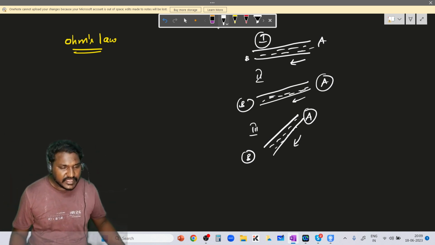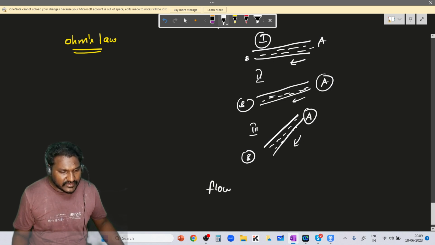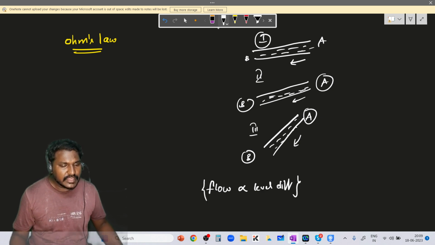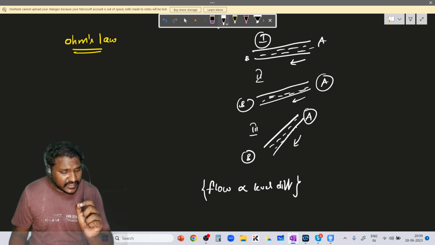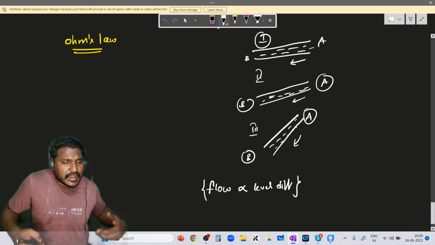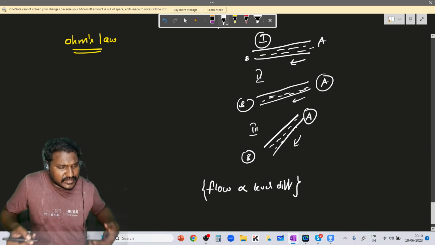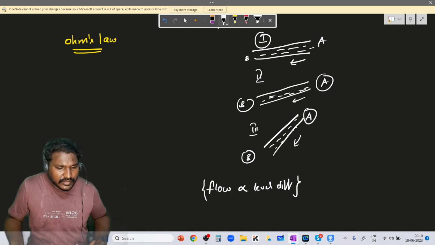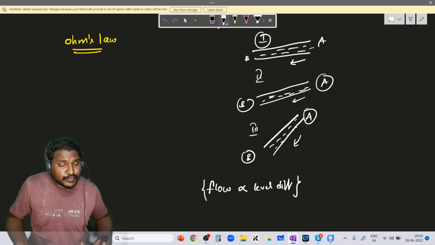That means here the flow is directly proportional to the level difference. So flow of water is directly proportional to level difference. In the same way, assume the water here is electrons, that is, charge. If more current has to be passed, what should be more? There should be more flow of charge. That means there should be more potential difference.